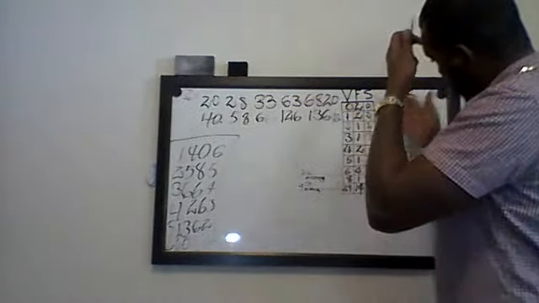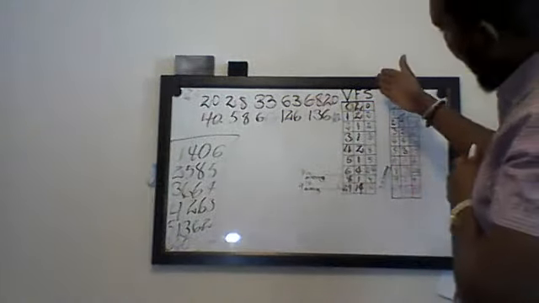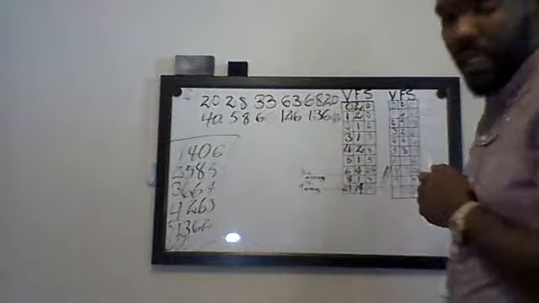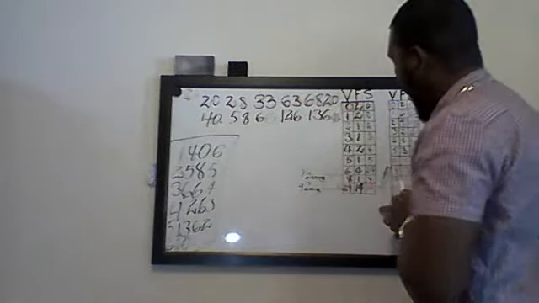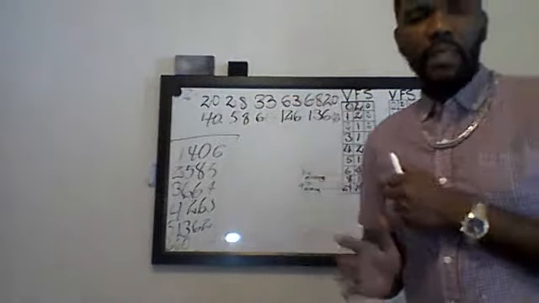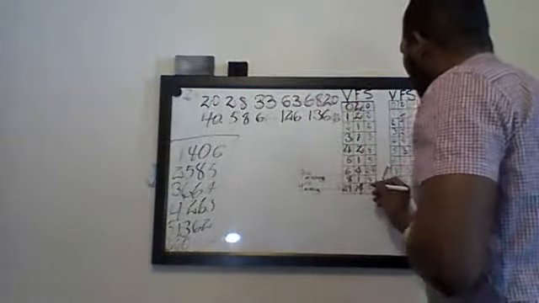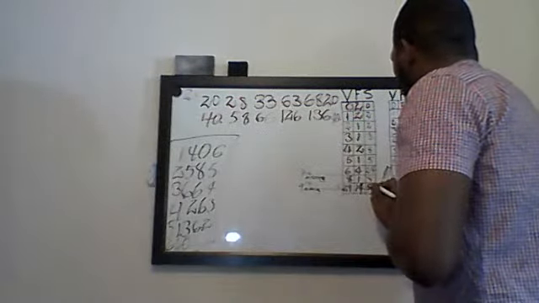Now we're gonna add everything together for the sum. We're gonna do the same thing. When we add everything together, the sum gives me 52.